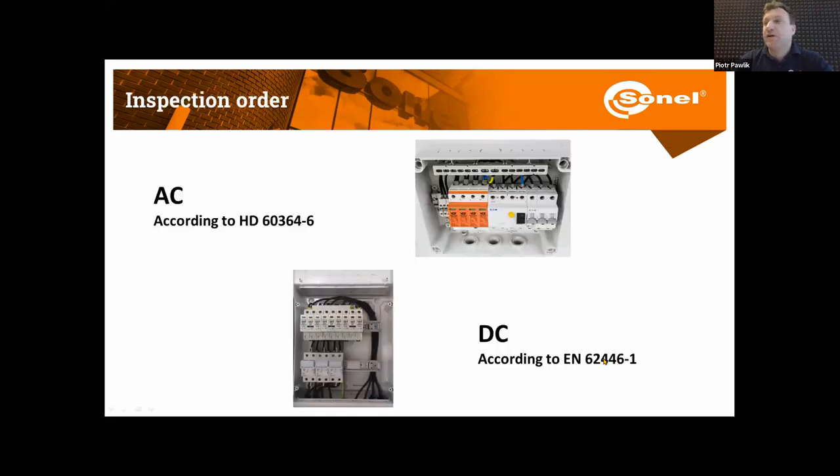As we look in the standard, the IEC 62446 says that first we need to check the AC part according to the IEC 60364, according to IS 732 and according to the NEC. And then we check the DC part, and the IEC 62446 defines the measurements on the DC part.